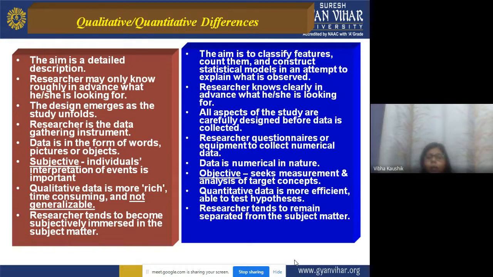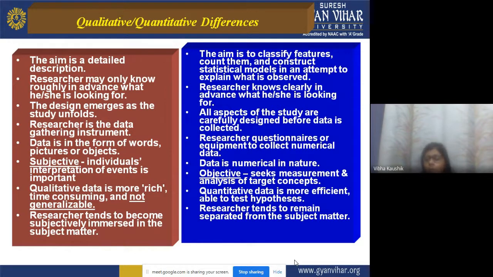Data is numerical in nature, meaning when we are doing quantitative research, we get data in numerical form. It is objective, seeking measurement and analysis of target concepts. Quantitative data is more efficient in comparison to qualitative data.